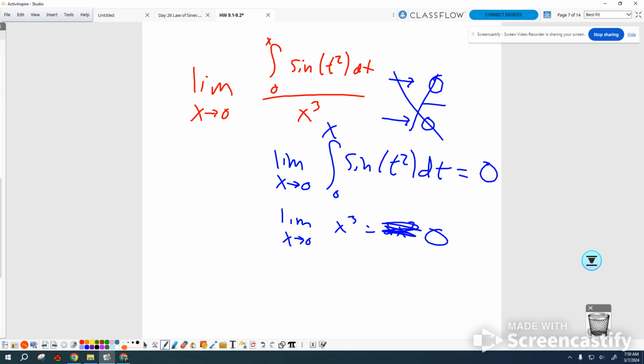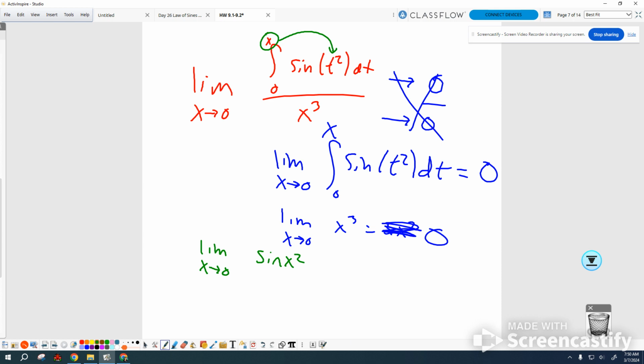And those of you who got this far, what is the derivative of that numerator? Sine x squared, period. Derivative of the integral is the stuff inside with the limits of integration plugged in.